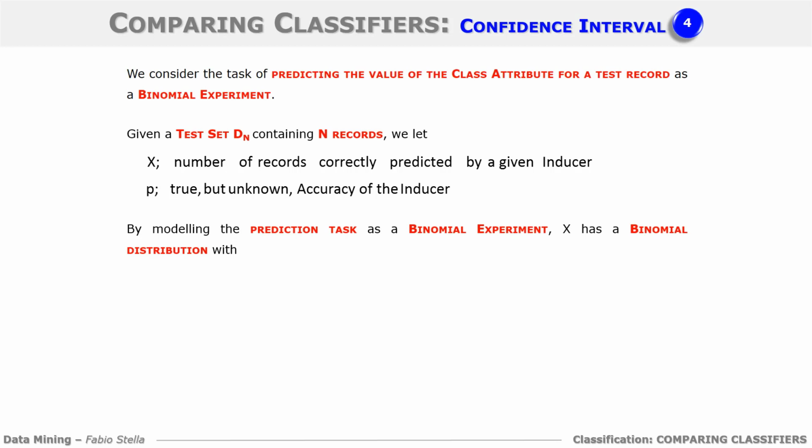In such a situation, we can model the prediction task as a binomial experiment as already mentioned, and thus X is a random variable which has a binomial distribution with mean equal to N times p and variance equal to N times p times (1 minus p).